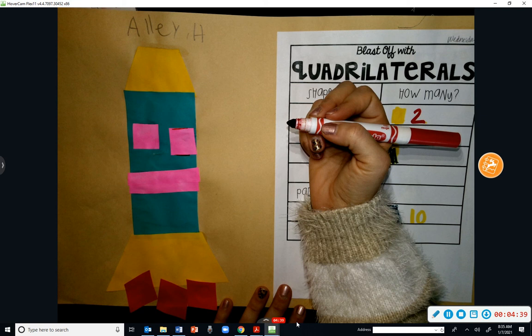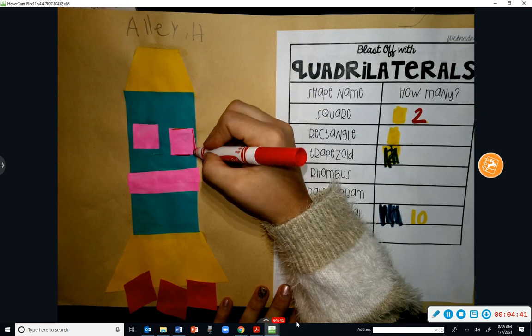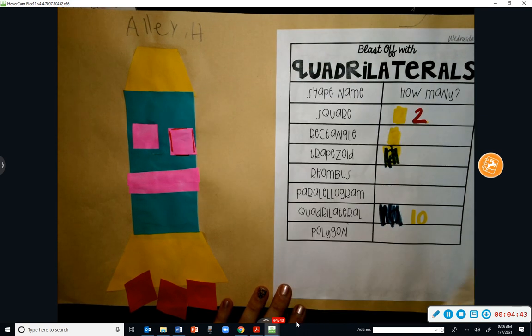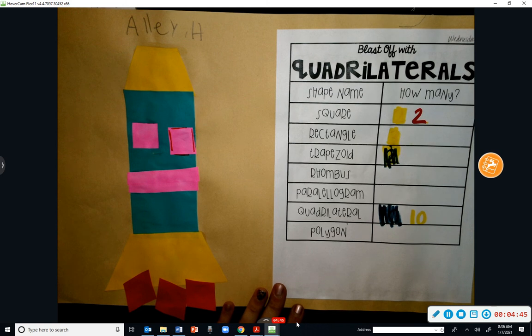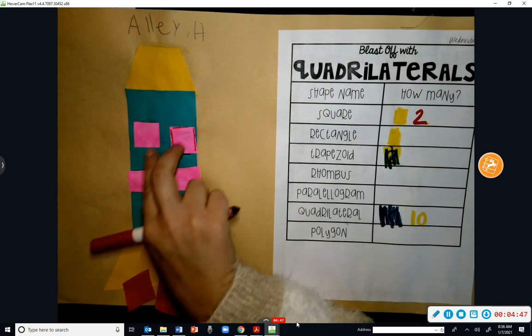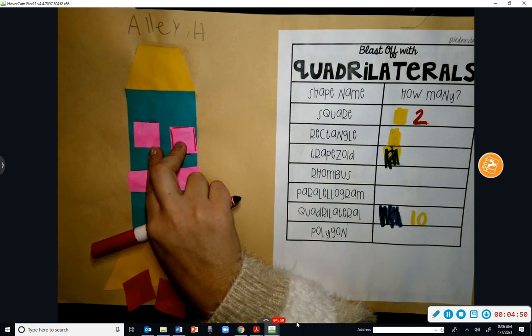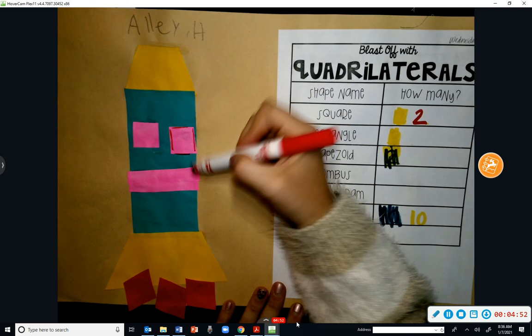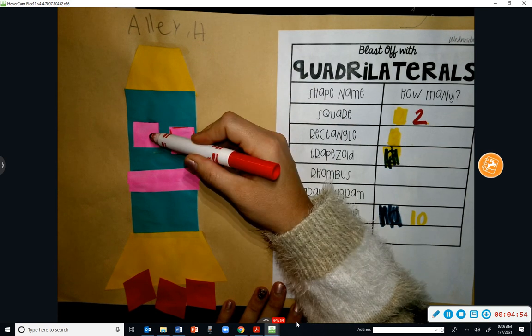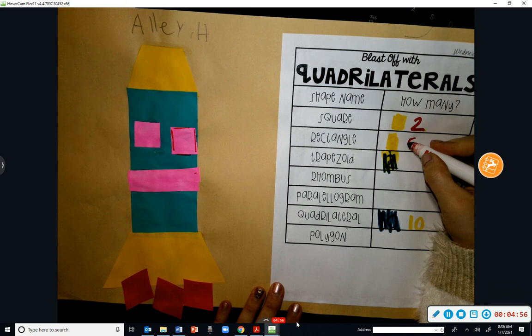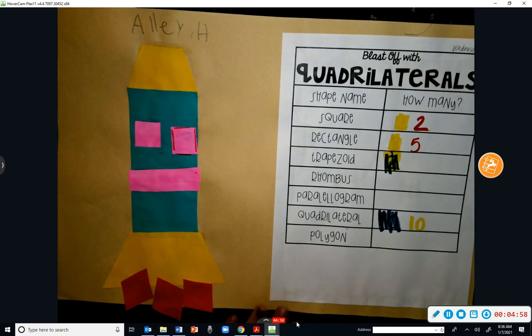Are they equal length? Yes. The left and the right, are they equal? Yes. So it has 2 pairs. So can we count these squares for the rectangles? Yes. So we would say there's 1, 2, 3, 4, 5 rectangles.